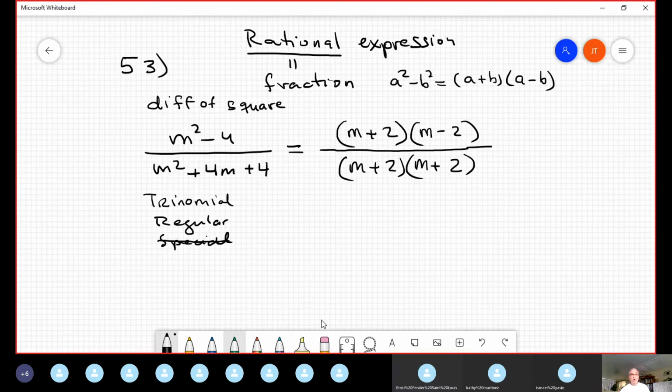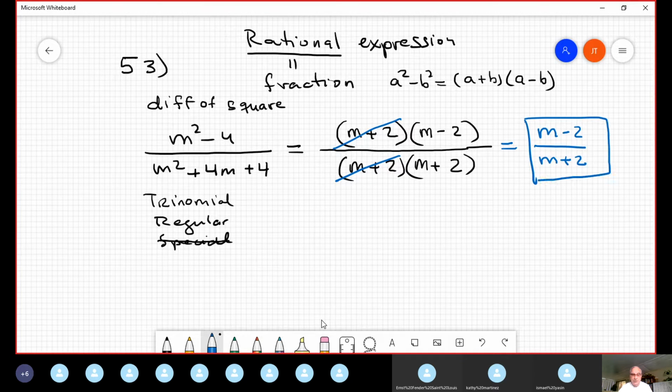Yes, sir. Crucial moment. I can see with my eyes that the factor x plus 2 and the x plus 2 are cancelled, and what stays alive on top is x minus 2 divided by x plus 2. And this is the final answer. Because I know x plus 2 over x plus 2 is 1.